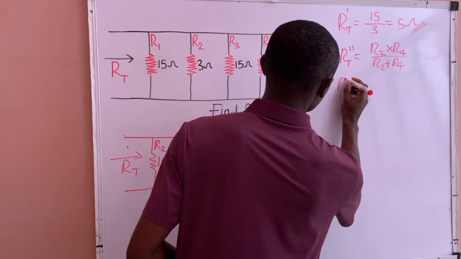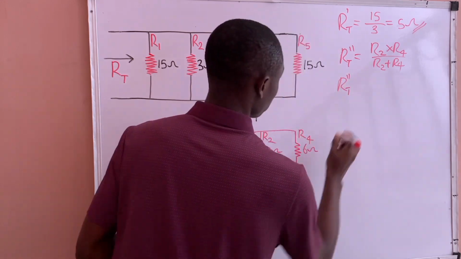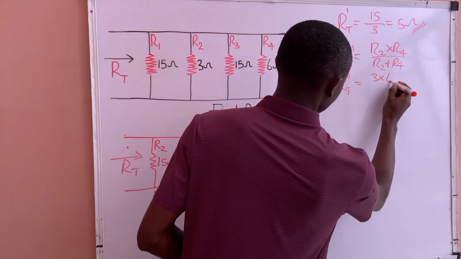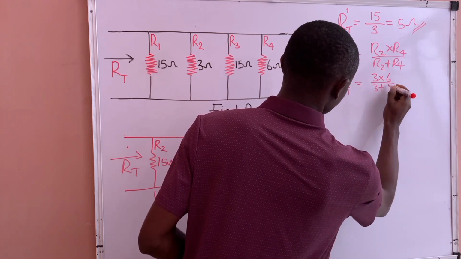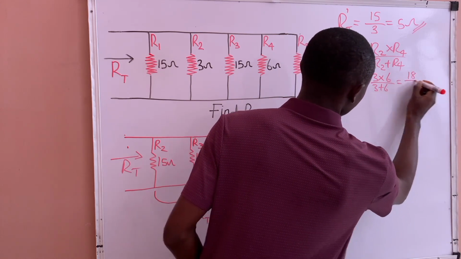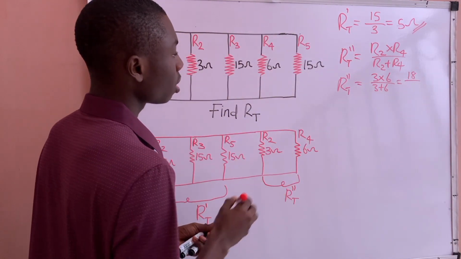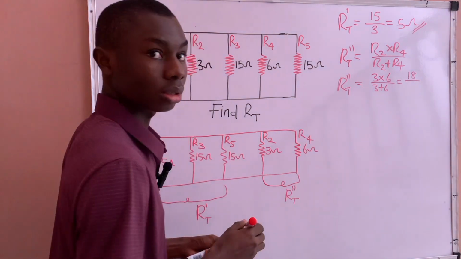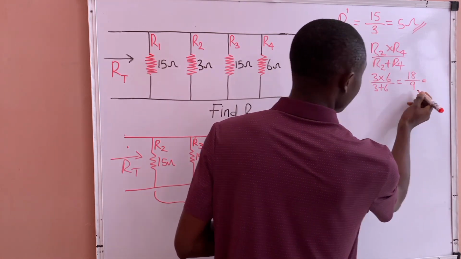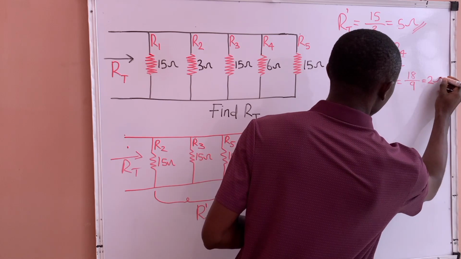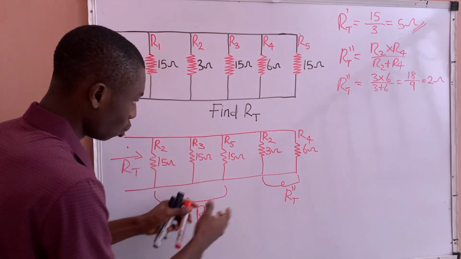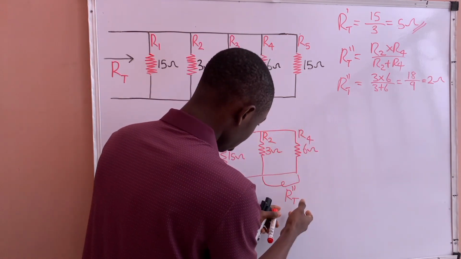So RT prime equals 3 times 6 divided by 3 plus 6. 3 times 6 is 18, divided by 3 plus 6, which is 9. 18 divided by 9 is 2 ohms. So at this point, we have found the total resistance in this group, and the total resistance in this group.